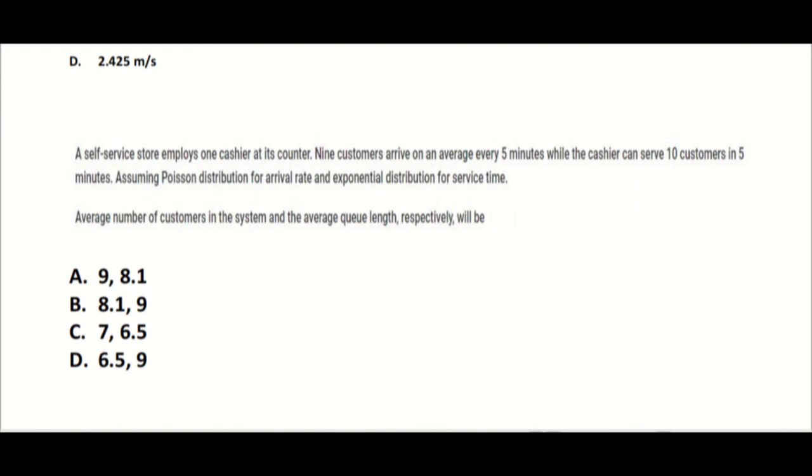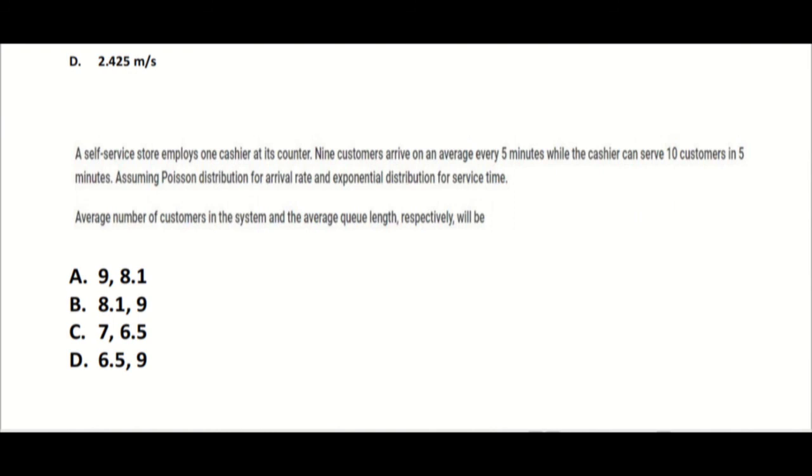Next, a self-service store employs a cashier at its counter. 9 customers arrive on an average of every 5 minutes, while the cashier can serve 10 customers in 5 minutes, assuming Poisson distribution for the arrival rate and exponential distribution for the service rate.